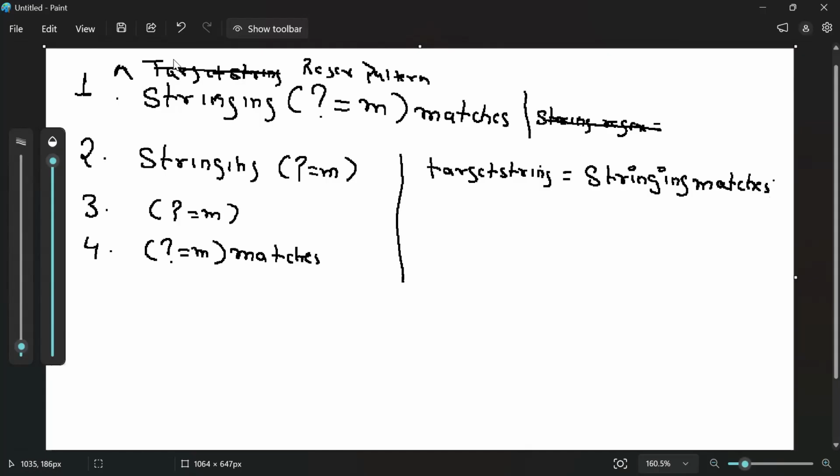So this is one target string pertaining to this, and with this target string, this will evaluate to true.